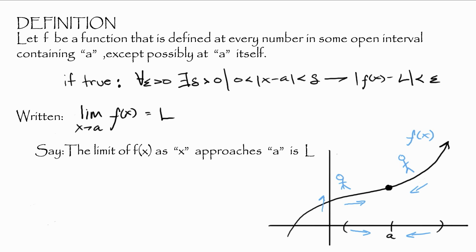So maybe I should do that in a different color. Let's say you're plugging in numbers going in this direction. They'll correspond to numbers on the y-axis going there. And then in blue here, you have numbers going closer and closer to this a, which means you'll have numbers getting closer and closer to a particular point on this y-axis, and that point over here is this one right here.